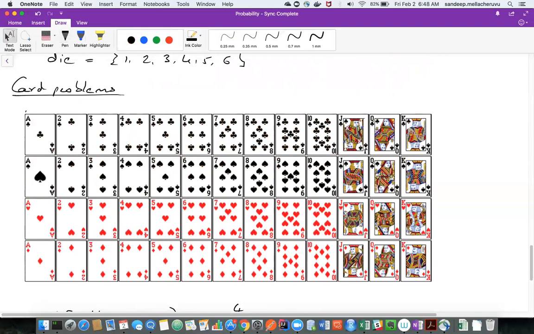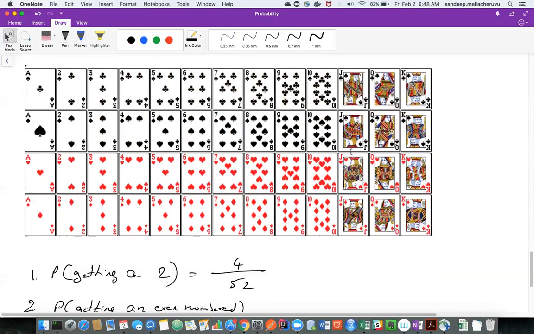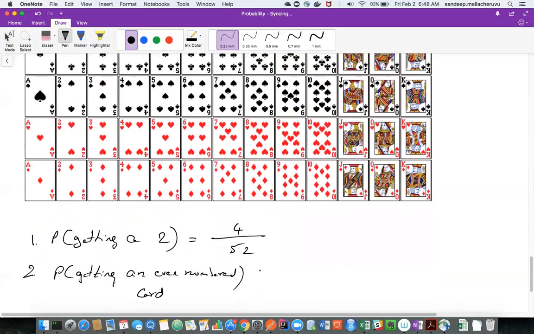And again, J, Q, K are not numbered. If someone asks you the probability of getting an even numbered card, again you start with the sample space. You have 52 cards, so the denominator will be 52.